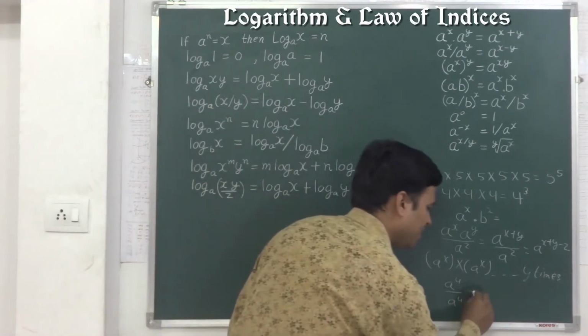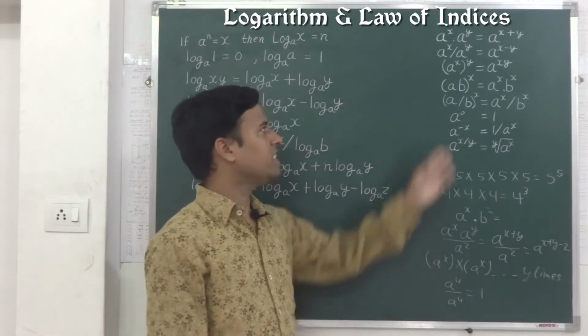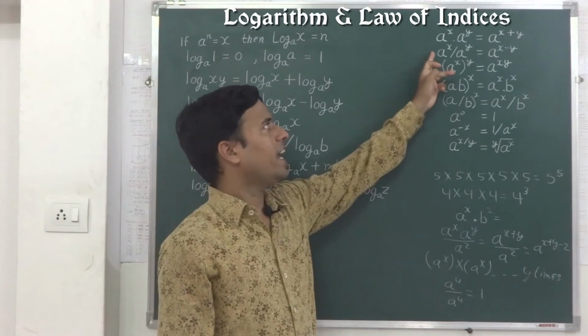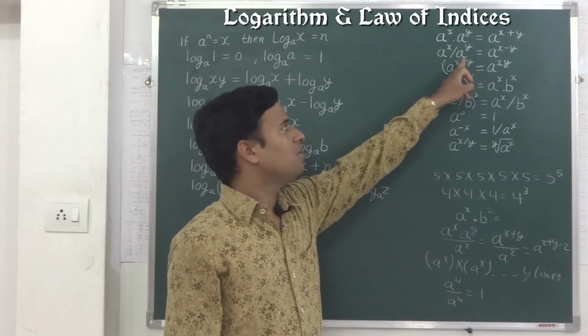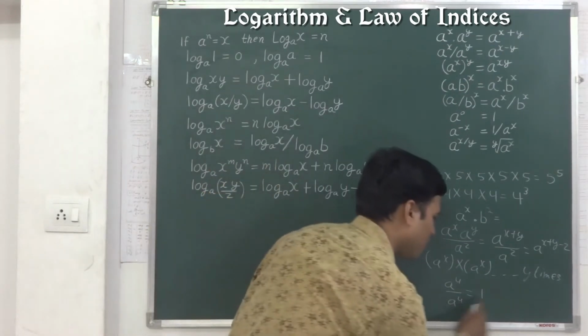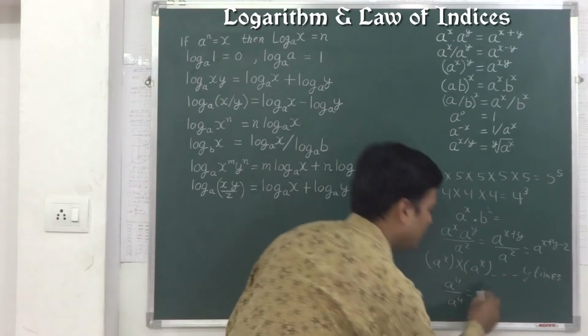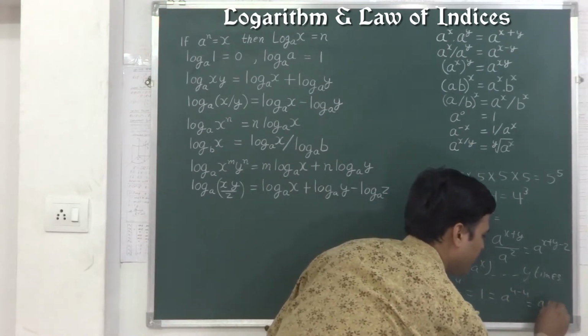What would we get? We would get here 1. But using that formula, a power x upon a power y, what would we get? A power x minus y. So using that formula, we would get a power 4 minus 4, that is a power 0.